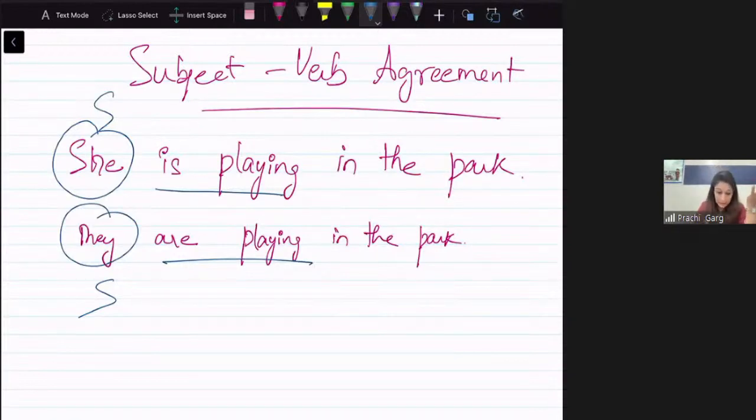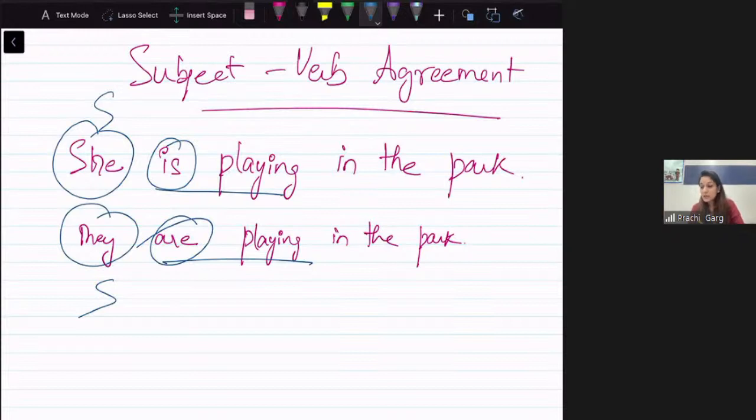Now, she is singular, so we are using is, right? And they is plural. Of course, we are talking about many people, so we use are. That is a plural verb here. Am I clear? I'll explain once again, because I know my voice was erratic earlier.